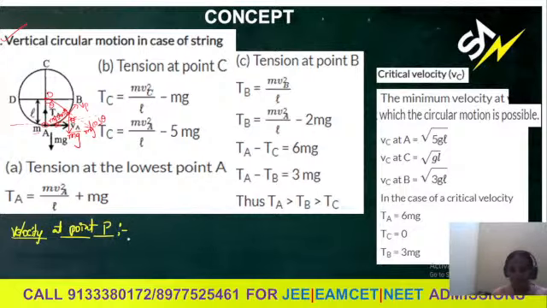So here we are going to use the law of conservation of energy. To find the velocity at that particular point, total energy at point A will be equal to total energy at point P. So what is total energy at point A? It is on the reference line.